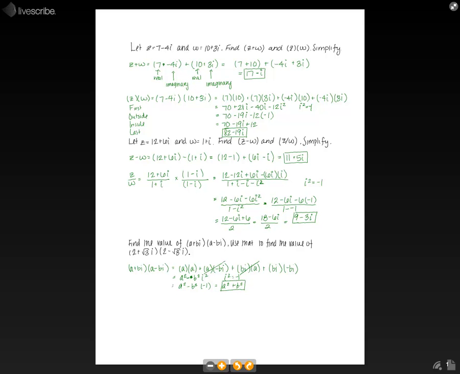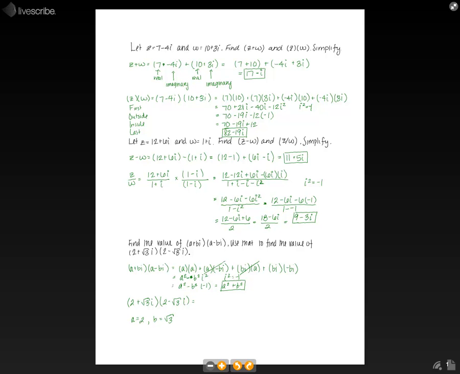If we follow this pattern, we should be able to solve 2 plus the square root of 3i and 2 minus the square root of 3i. Our a in this problem is going to be 2, and our b is going to be the square root of 3.